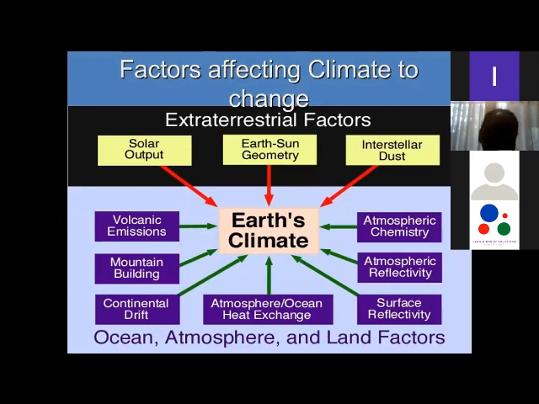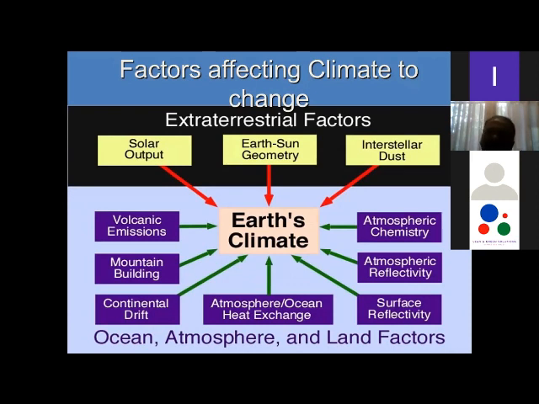Of course, internally inside the climate, there are things that we can also consider changing if possible. Other natural things are volcanic eruptions, which put a lot of dust and gases into the atmosphere. Then mountain building and continental drift will physically affect the movement of air and then the climate. Then surface and atmospheric reflectivity contribute towards giving away the energy that is coming into the system.